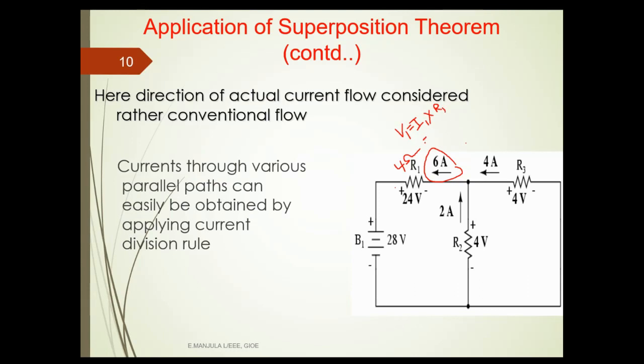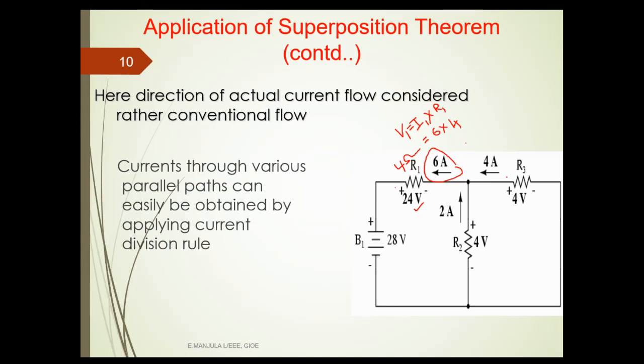This is according to Ohm's law. So 6 amps into 4 ohms gives 24 volts. So the drop across R1 is 24 volts.